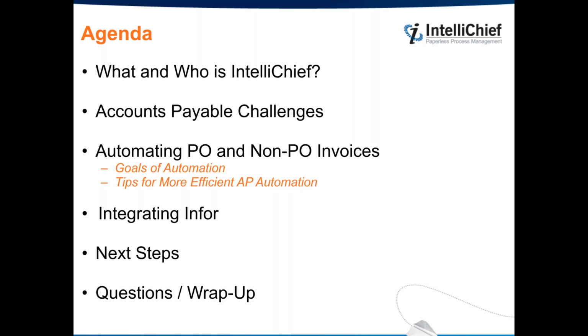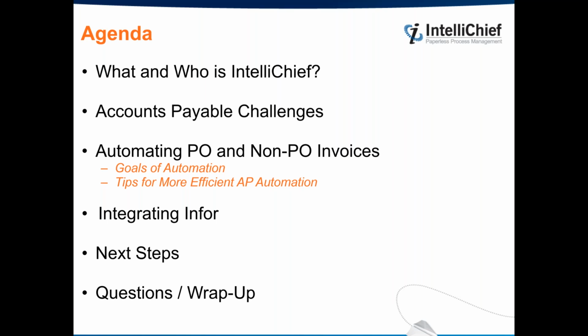So we'll talk a little bit about us, and some of the AP challenges, because that's what we're focused on here today. Automating PO and non-PO, what are the goals we see? What are some of the things to really think about from an automation perspective that help promote STP, or straight through processing, and getting more touchless processing, if you will, on the invoice side.